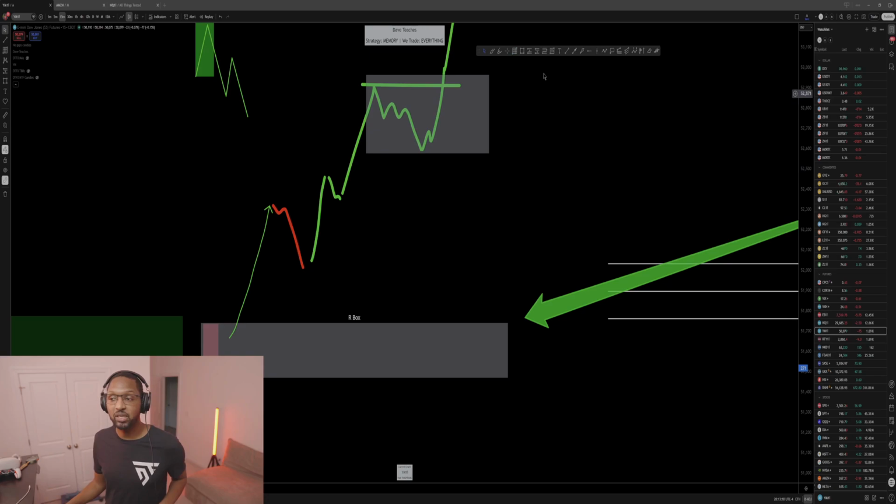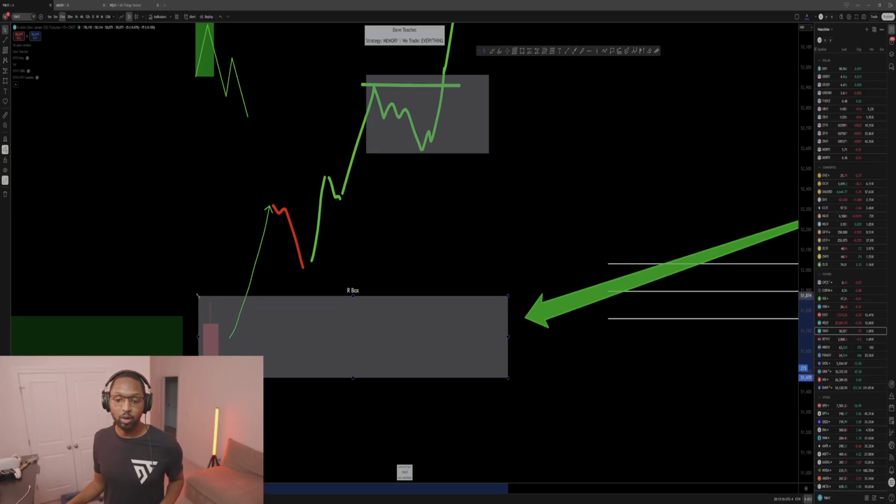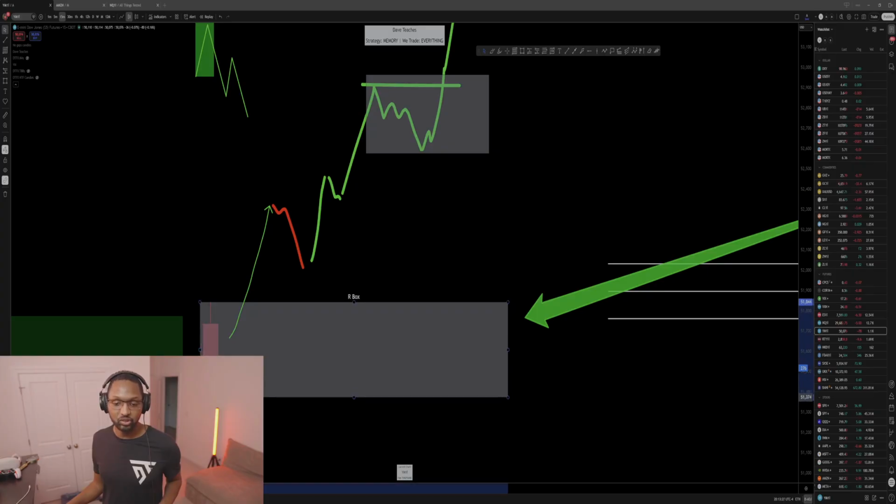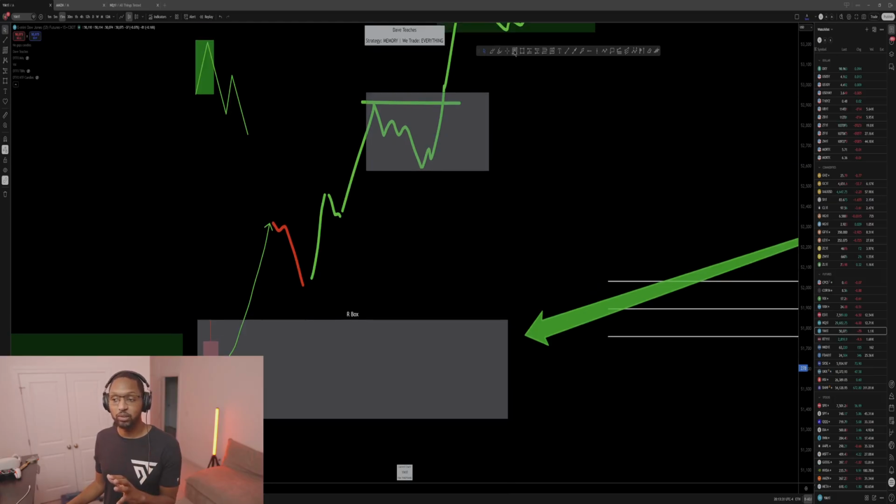So what does that mean? That means that if we have a wick at the top of the down candle there, the R box is the wick to the lowest point that's there. If we have a wick that traded below down here, then the R box ends up being the entire down candle that is there.